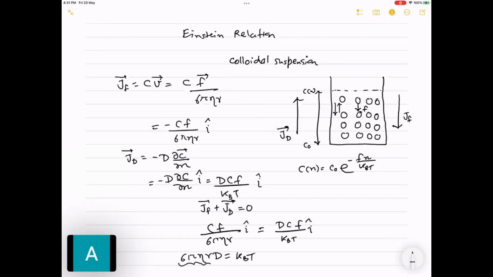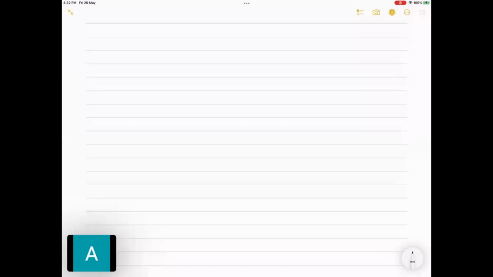Now we know that 6 pi eta R is nothing but the drag coefficient, and therefore I can write this down as gamma D is equal to kBT. So this relation is called the Einstein relation. Gamma D is equal to kBT is called the Einstein relation. So we have derived the Einstein relation, and now we have to see the importance of this relation.